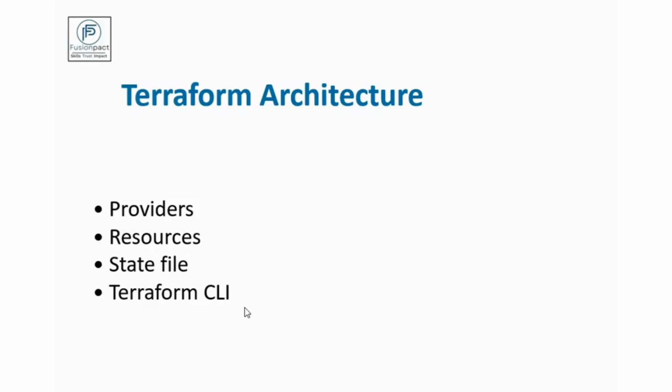Then resources are the components which we want to create, such as EC2 instances, VPCs, security groups, and other things. Then a state file is a file which contains the history of the infrastructure created, so that we will not duplicate the infrastructure. And we can also refresh the state file.